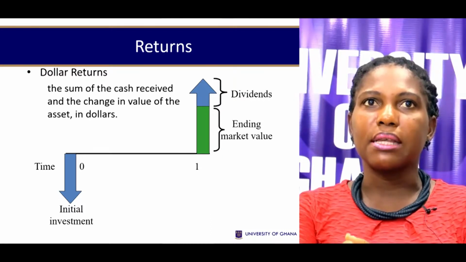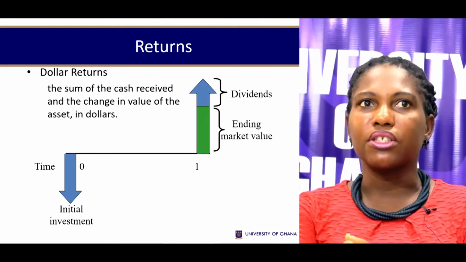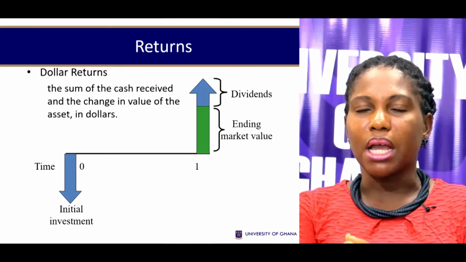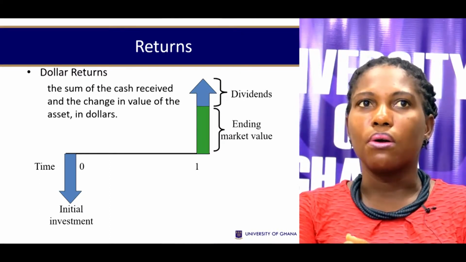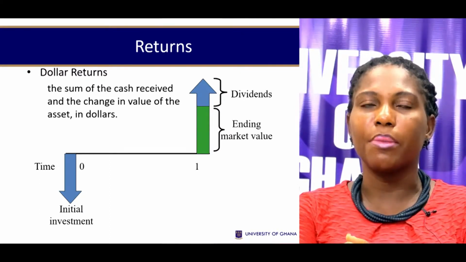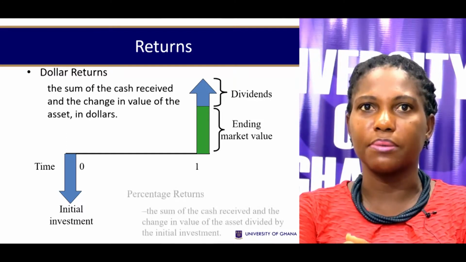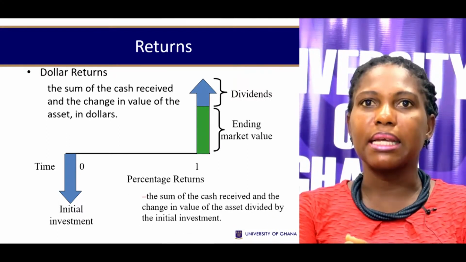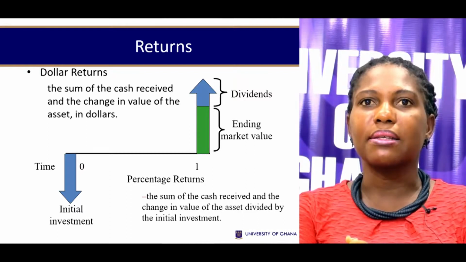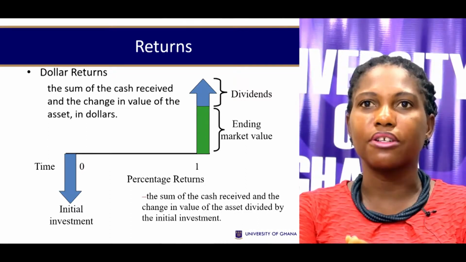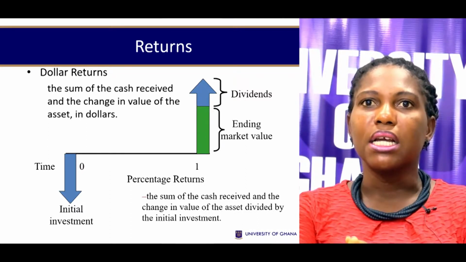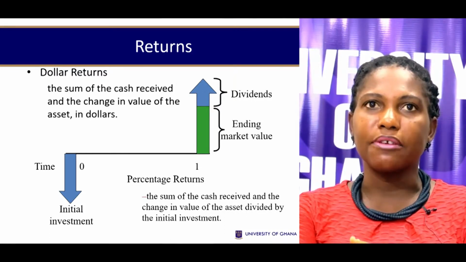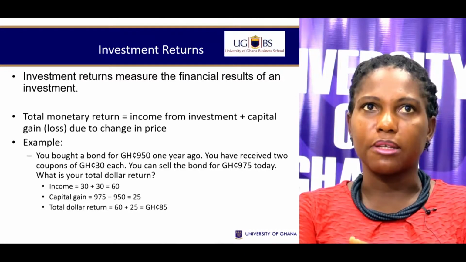For that reason, the sum of cash received and the change in the value becomes what your return is in terms of nominal or dollar terms. Now, in terms of percentage, you're going to divide the sum of the full amount of cash or value received by the initial investment that you put up, and that gives you your percentage returns.